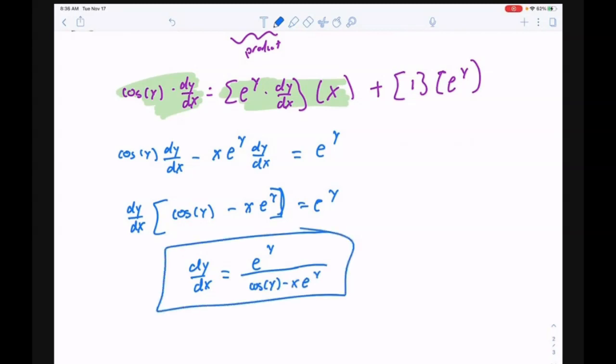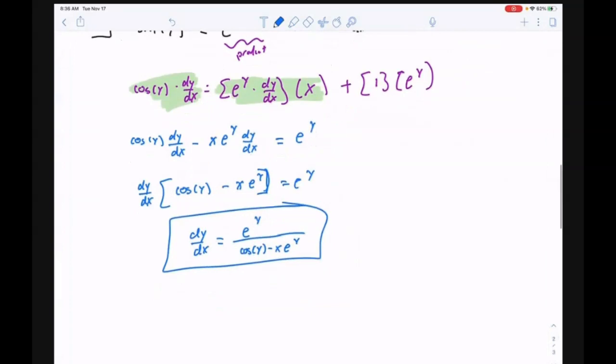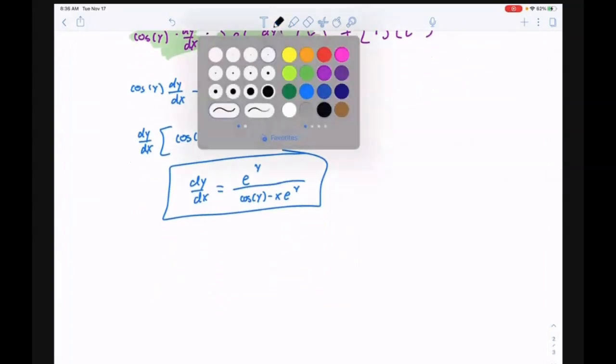Move, factor, divide. Always the final steps.